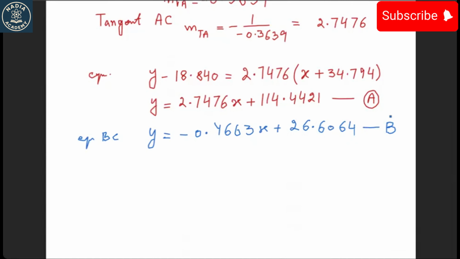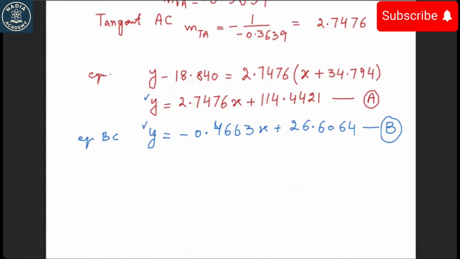Both of these equations, we know that these are the equations of the tangents. And these tangents are intersecting each other at the point C. So it means that if we solve both equations simultaneously, we can find the coordinates of x and y. How we can do this? From this equation A, you can see that it is written as y is equal to this, and the equation B is written as y is equal to this right hand side.